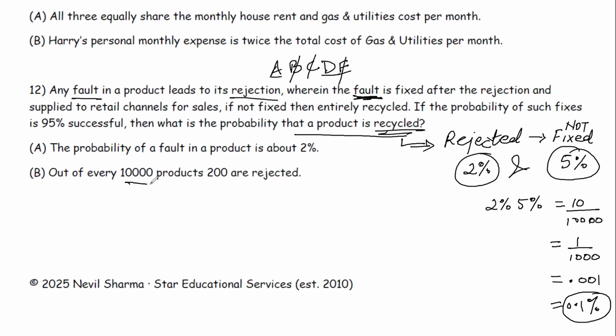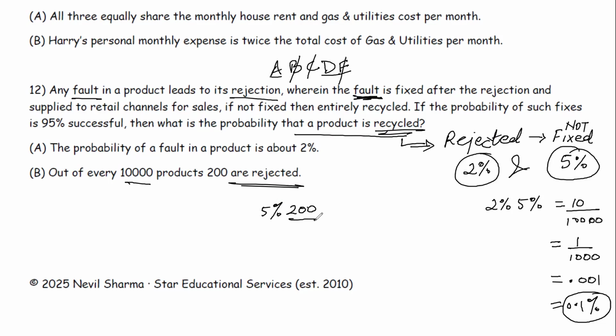Second one: out of every 1,000 products, 200 are rejected. Correct? So 200 are rejected. And then out of those 200 which are rejected, 5% is the probability that the fault is not fixed. So these 200 go into the category of getting fixed. If it's not fixed, then it is recycled.